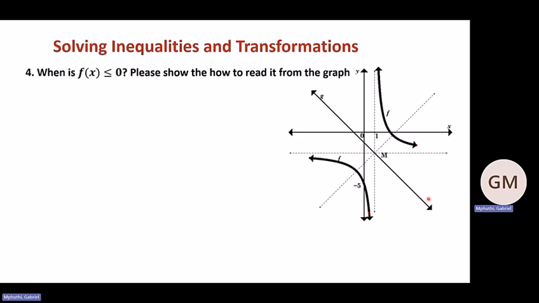By looking at our graph, you can also tell where our function is negative. We see here our function going up is positive because it lies above the x-axis.